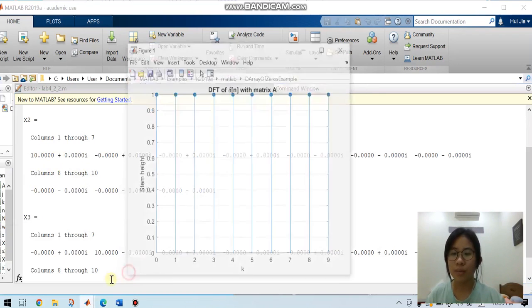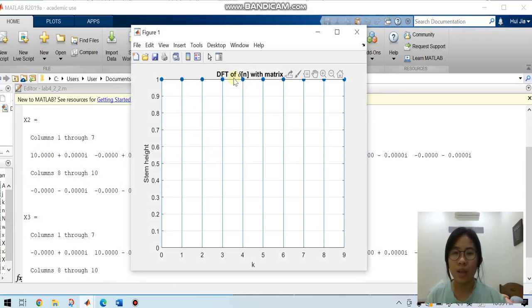For the graph, this is the DFT for delta[n] with the matrix. From 0 to 9, the value remains 1.